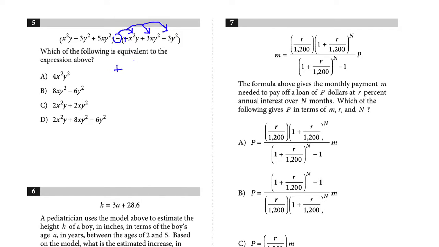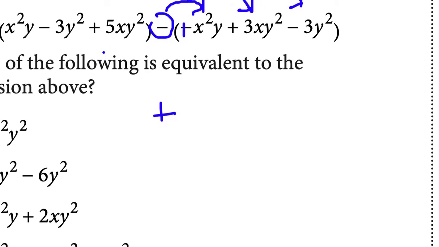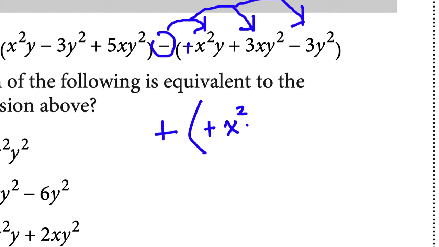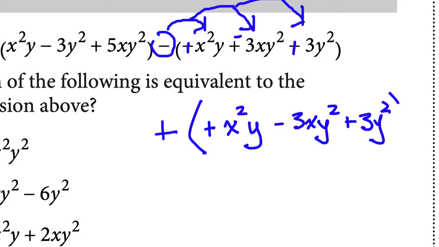This was a negative, it becomes a plus. And let me zoom in here because you guys can't see what's going on. This was a negative, and now it's a plus. So it's going to be plus positive x squared y. And this is now no longer a positive, it's a minus 3xy squared, and no longer a minus, but a plus 3y squared.